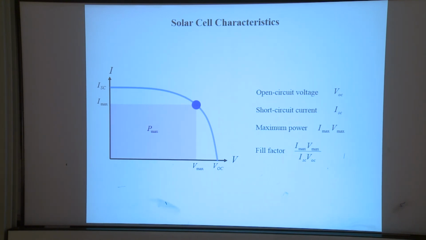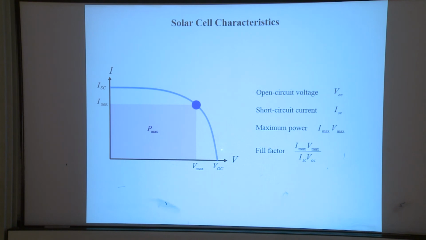So you cannot increase the current anymore by doing the bias. So usually the point will be somewhere a little bit lower than ISC, but closer to VOC. That will give you the maximum output.